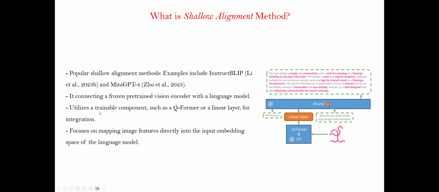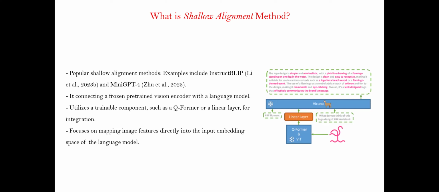So there is a projection operator, because what ViT does is it takes an image as input and gives visual features. But visual features may not align with the language space. That's where either the Q-Former or the linear layer sits in between the language model and the ViT as a projection operator, to map image features directly into the image embedding space of a language model.